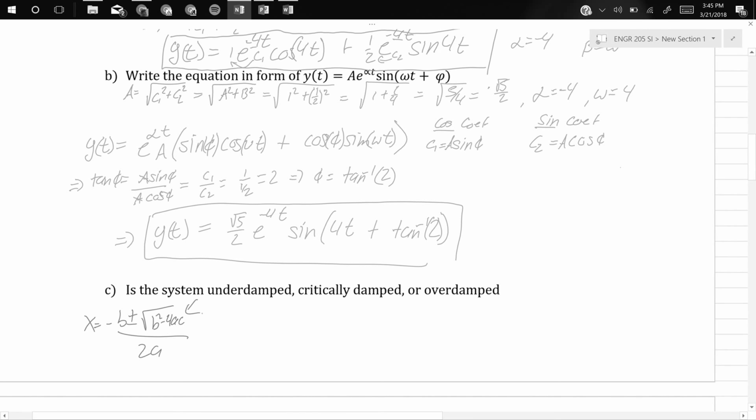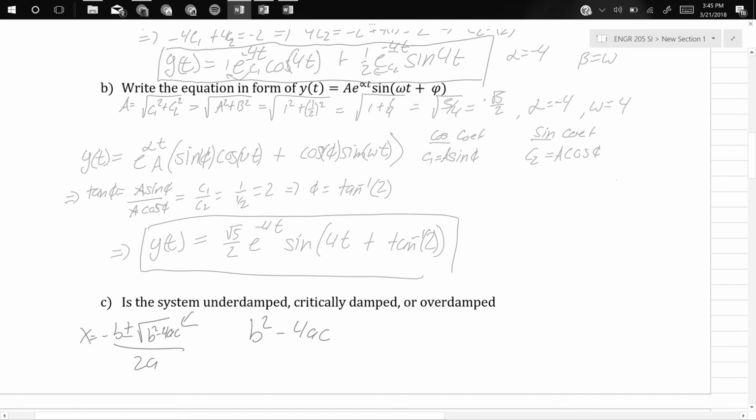From this term, b squared minus 4ac, if this is greater than 0, then that implies overdamped. If it is less than 0, this implies underdamped. And if it's equal to 0, then it implies critically damped.